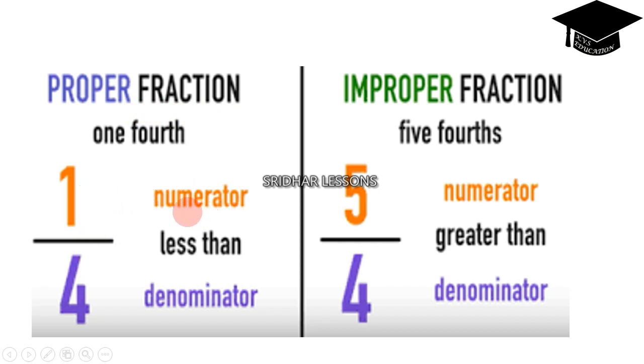Numerator should be less than the denominator. And for an improper fraction, numerator should be greater than the denominator. This is the key difference between a proper fraction and an improper fraction.